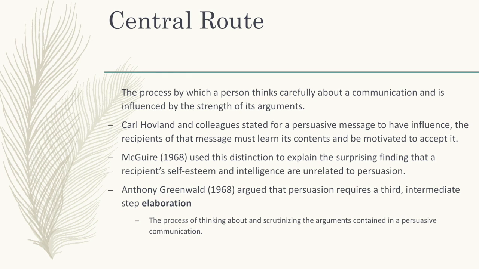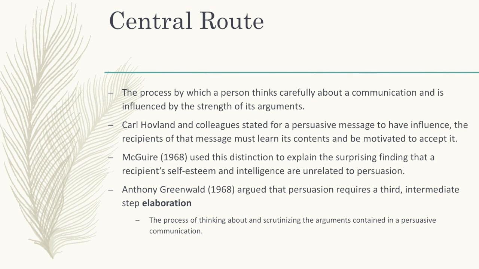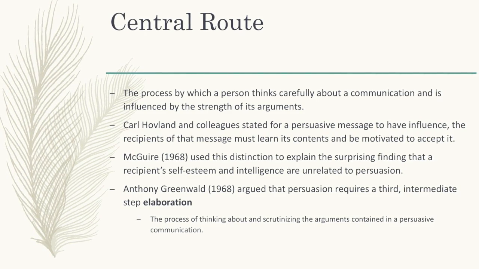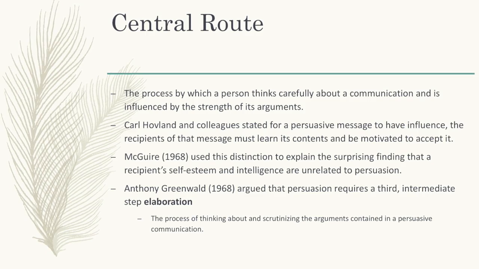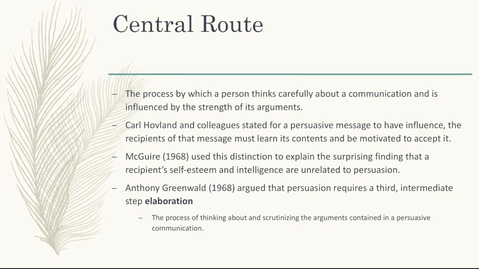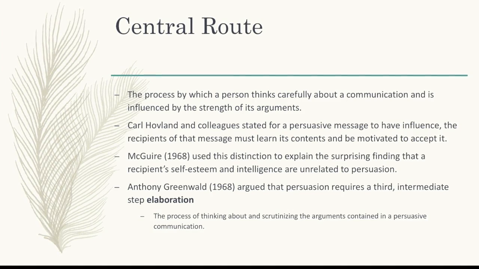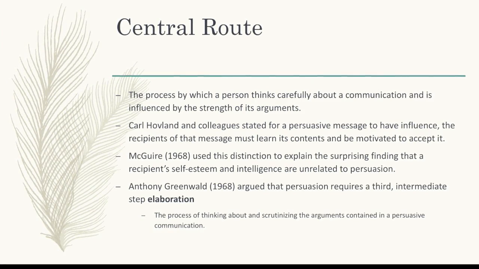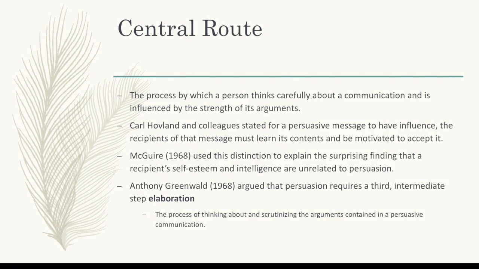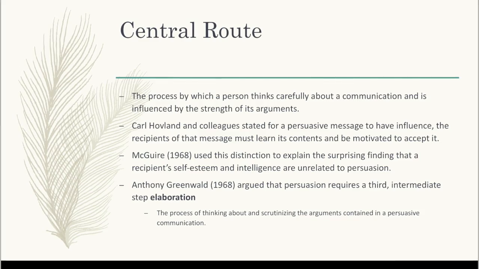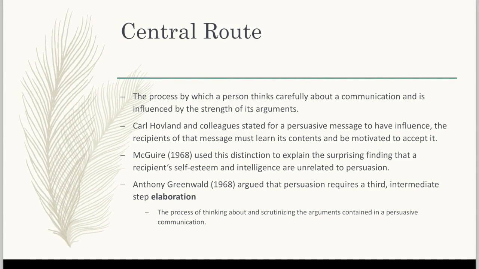The central route is the process by which a person thinks carefully about a communication and is influenced by the strength of the argument. Now, there are three ways in which you can go about this. Carl Hovland and colleagues stated that for a persuasive message to have influence, the recipients of the message must learn its contents and be motivated to accept it.